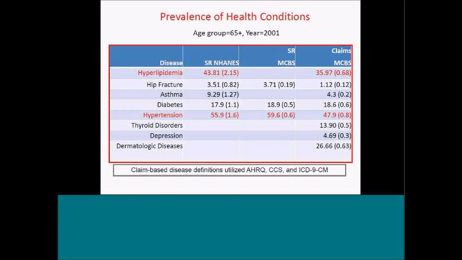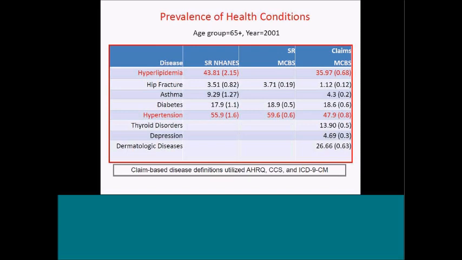Why? Because after calibration of the claims and the NHANES, we want to compare it with the MCBS self-report. So we are taking the MCBS as an external validation for our combined estimates of the Medicare claims plus NHANES, to see whether or not that matches with the MCBS self-report.